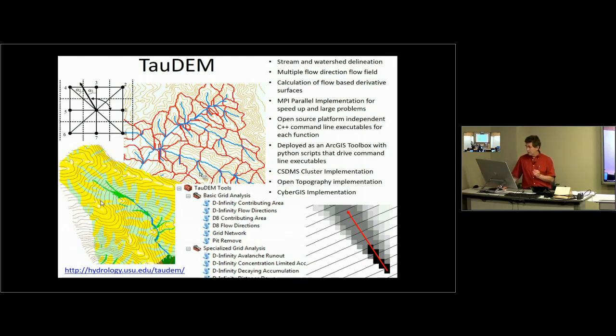So the motivation was to try and represent flow perpendicular to the contours a little bit better. So that's the whole D-infinity idea. This goes through some of the details about work to develop parallel versions of this to make it fairly quick and able to run over large areas.